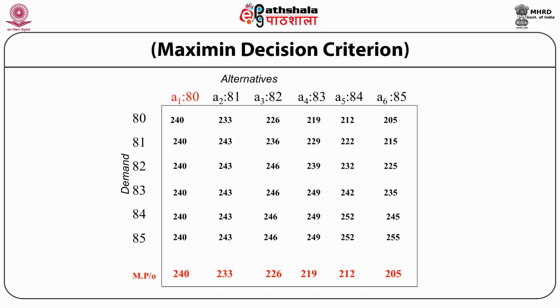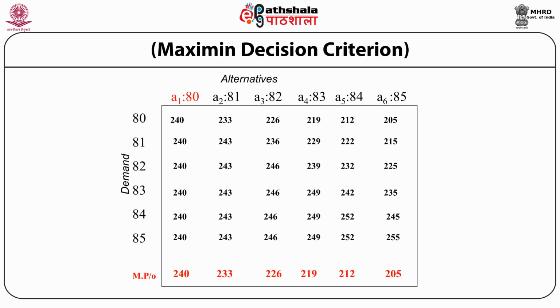So once we have calculated the minimum payoff for all the possible alternatives, now we will select the maximum out of the minimum. So here we can see that the maximum payoff is rupees 240, and it is for the strategy A1.